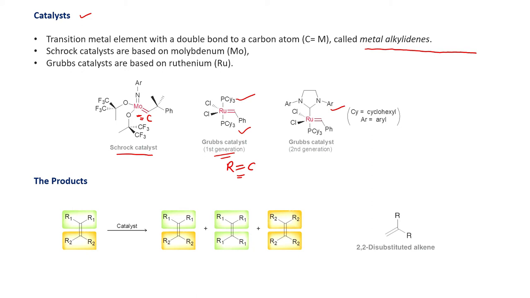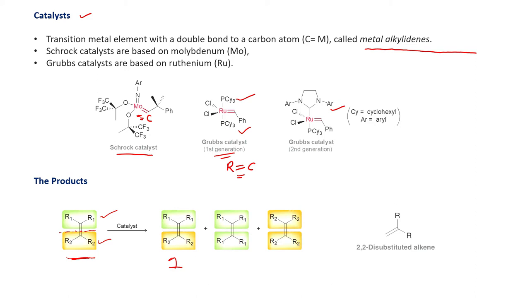and the product you get when you treat this reactant with any of these catalysts, Grubbs catalyst or Schrock catalyst, is this: first this part will break out from here and again rejoin with the same part.